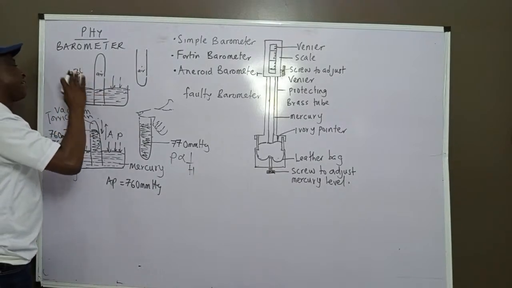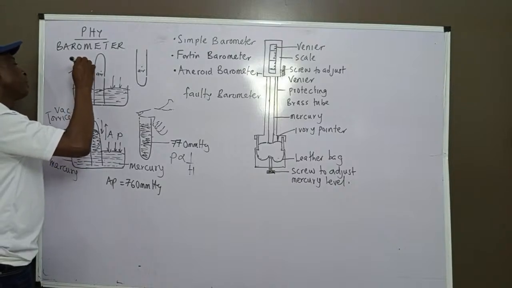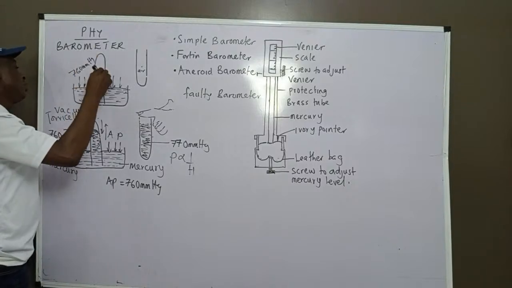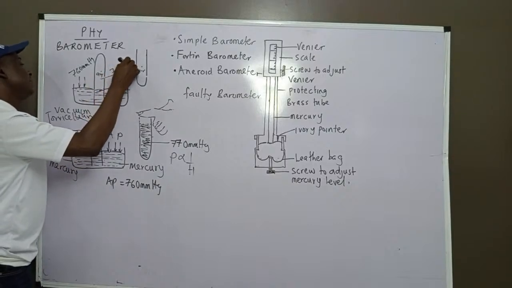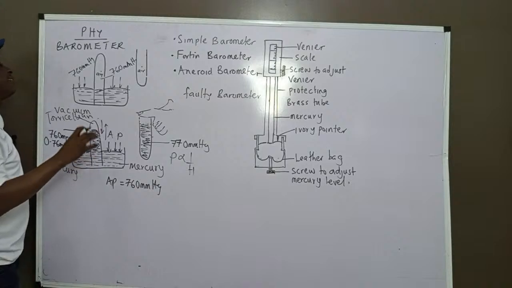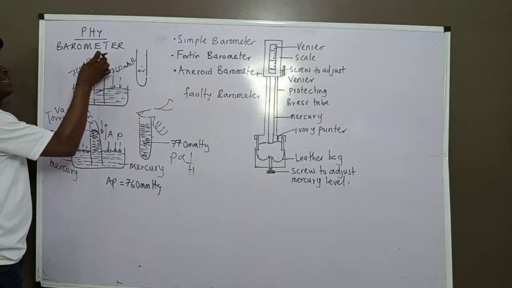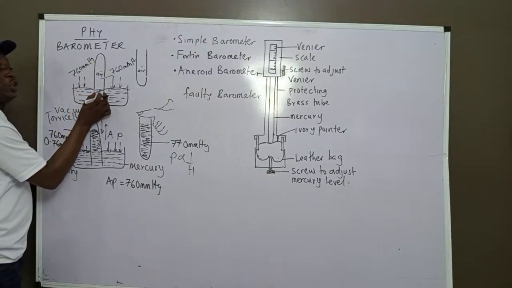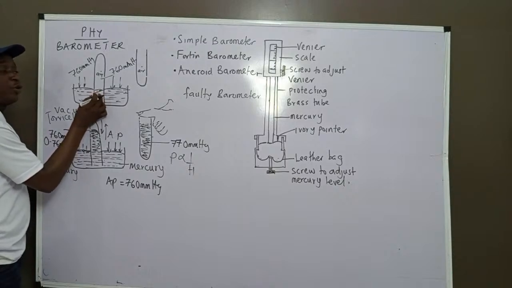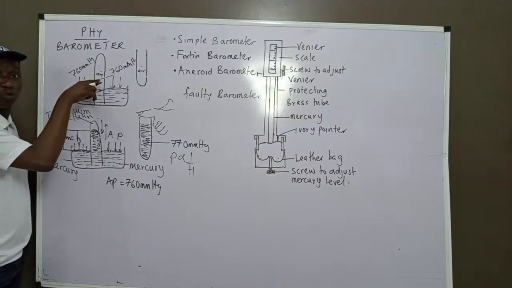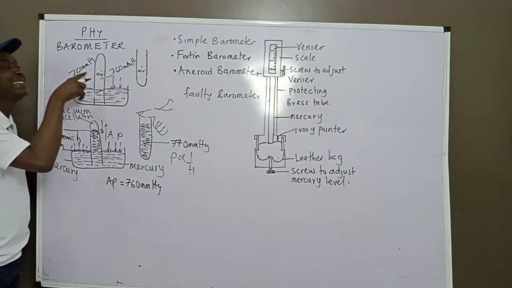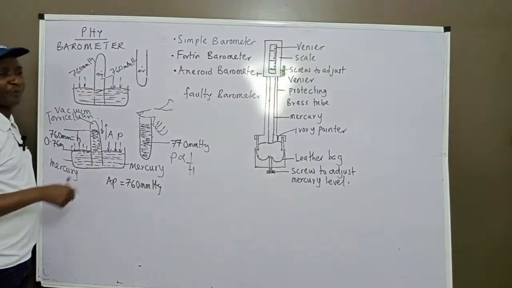That means the 760 millimeter mercury outside, in the tube inside, is also 760 millimeter mercury. That is to say that there will not be a rise in the mercury column. In this case, the mercury in this dish will not go up. Why? Because the air pressure, which is also called atmospheric pressure, has the same pressure as the atmosphere.